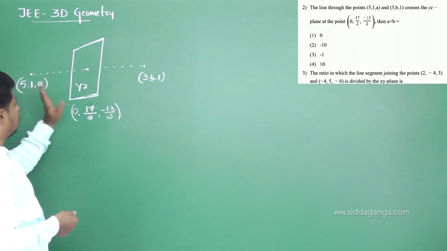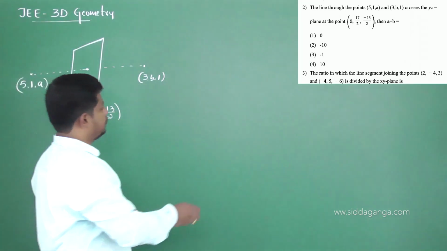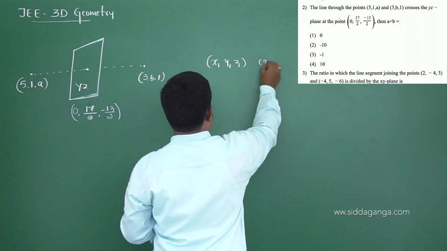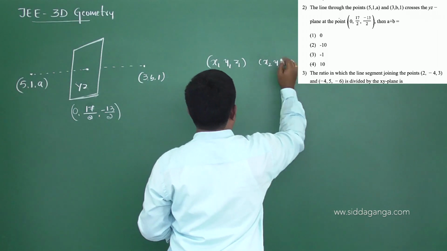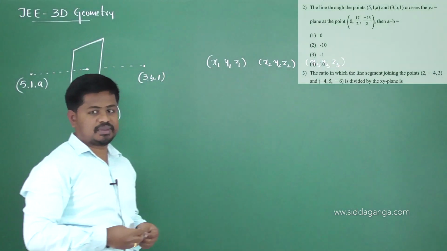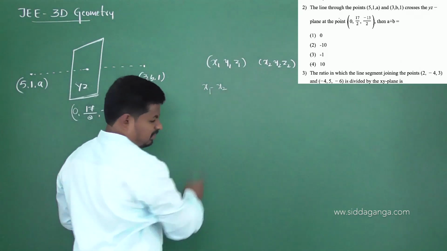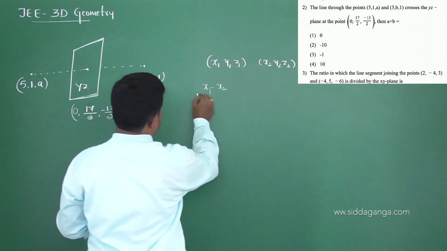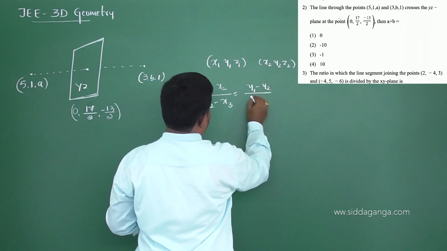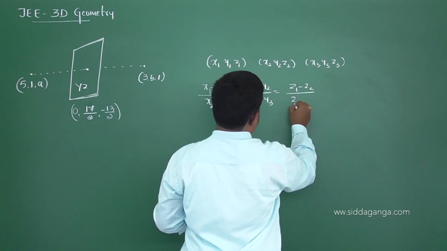The first way is this: there is a result that whenever three points (x1, y1, z1), (x2, y2, z2) and (x3, y3, z3) are collinear, in the sense that these three points are on the same line, then (x1 minus x2) by (x2 minus x3) is equal to (y1 minus y2) divided by (y2 minus y3), which is equal to (z1 minus z2) by (z2 minus z3).